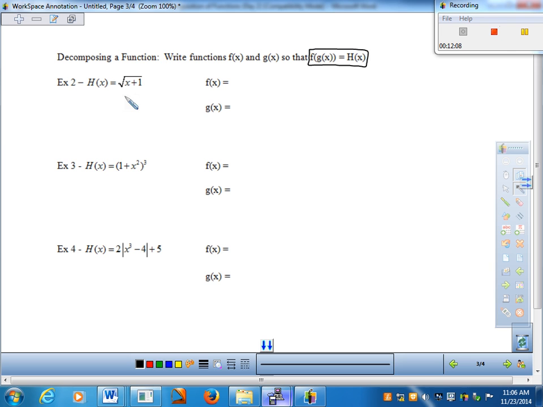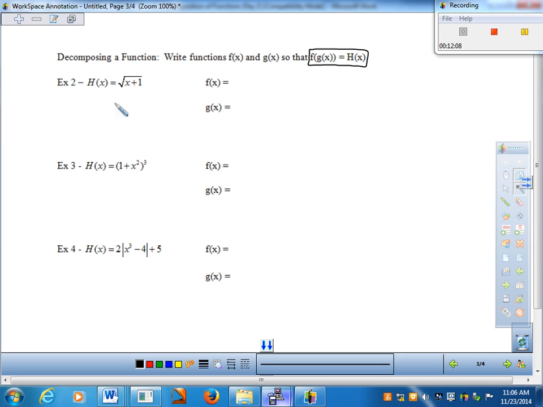So I sort of think of g of x, and this is just my piece, as a function within a function. And so I look over here, and I've got a relatively basic function, square root of x plus 1. But can you sort of pull out or identify a function within this overall function?